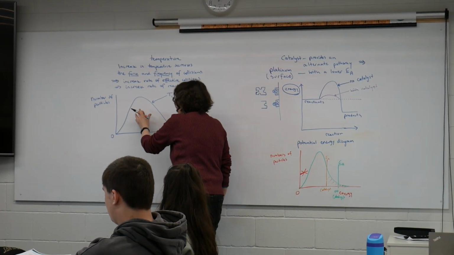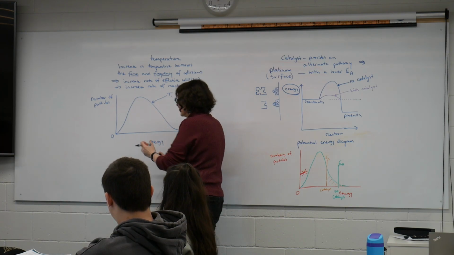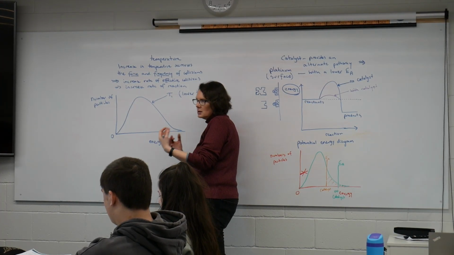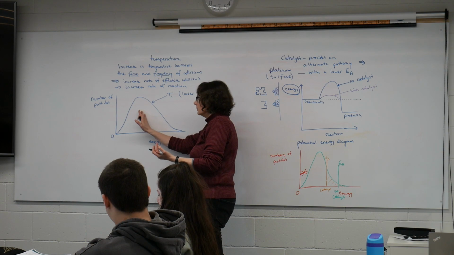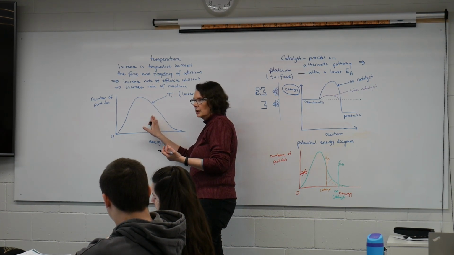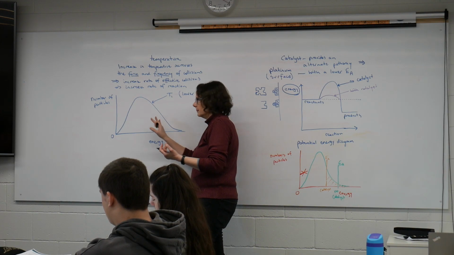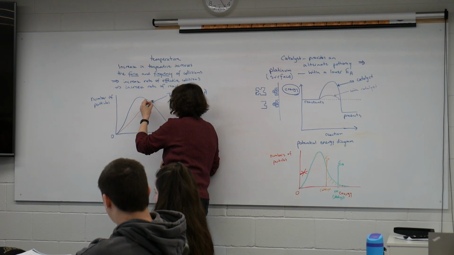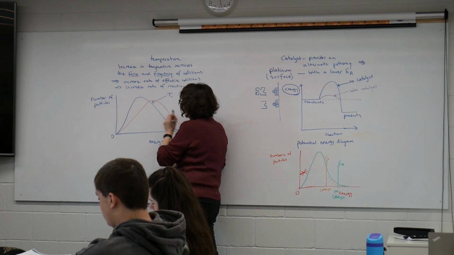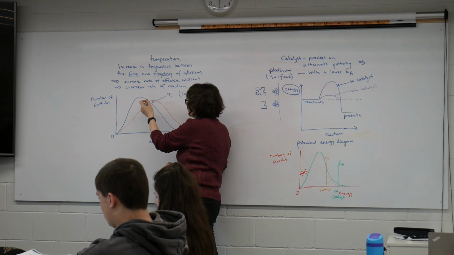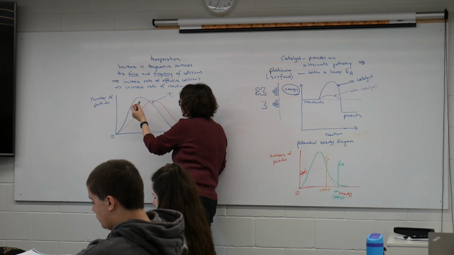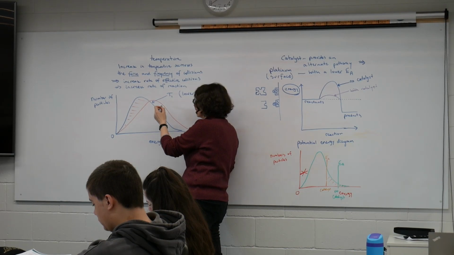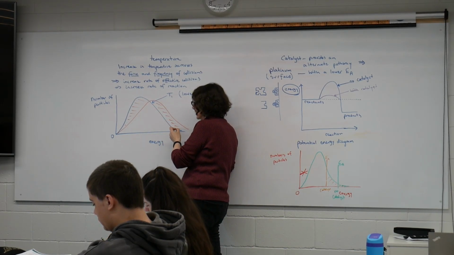Because if we think about what this means, we're asking how many particles have this much energy. If I increase the temperature, then this has to shift to the right. More particles will have more energy. The shape tends to be a bit lower at the peak, and what we're aiming for is a shift of about that much volume under the curve to being positioned over here.